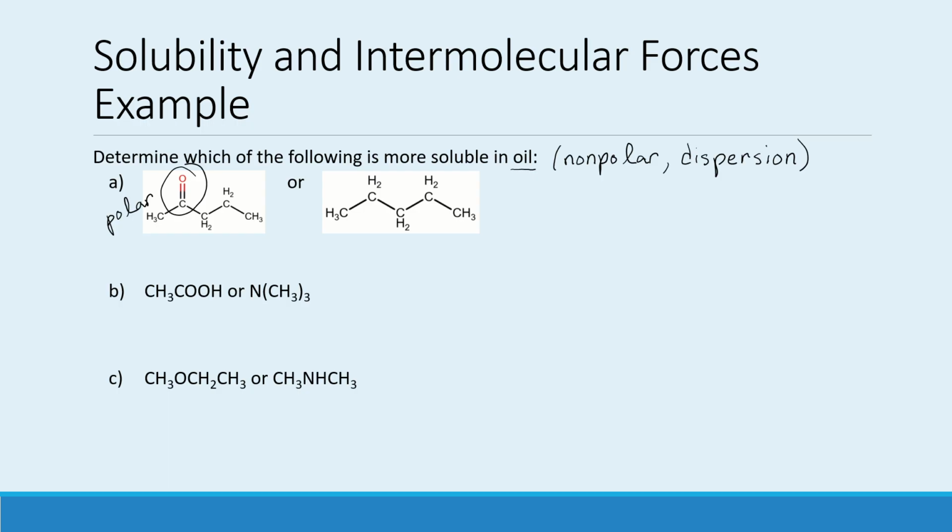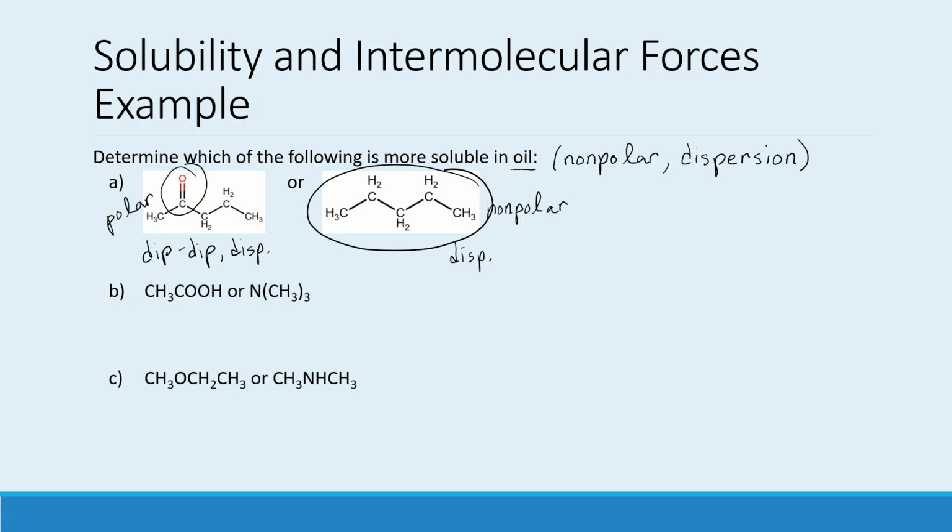Okay, so we have that oxygen, which makes that compound polar, and so it's going to have both dipole-dipole and dispersion, right? But the second compound, it's all carbons and hydrogens, and so this is considered nonpolar, and it's only going to have dispersion, and it is going to be most similar to the oil, which is also nonpolar.